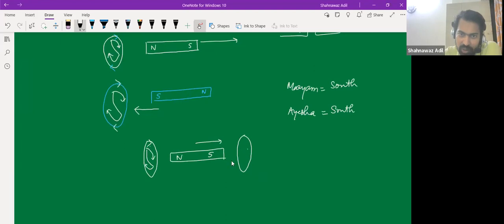And what about this coil? South. Good. So both would be south.